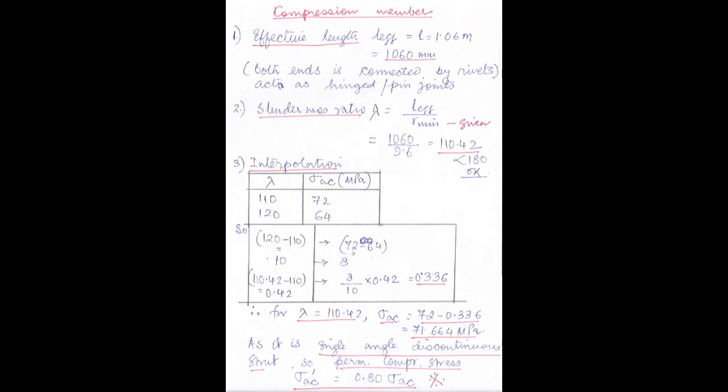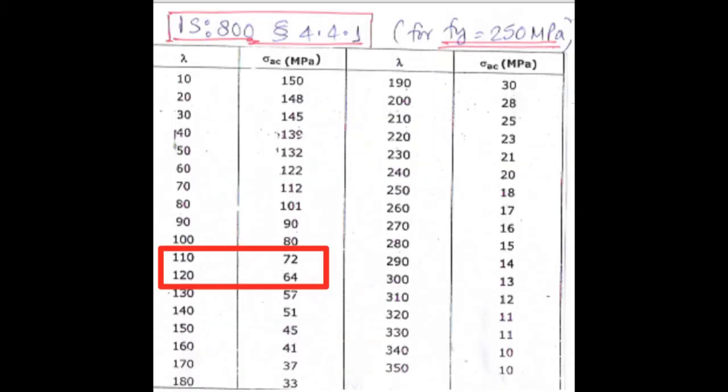Now I will explain the interpolation table. We have got the value of lambda as 110.42. Now this is the table. I have marked it with red color, which two values we should consider. Lambda lies between 110 and 120.